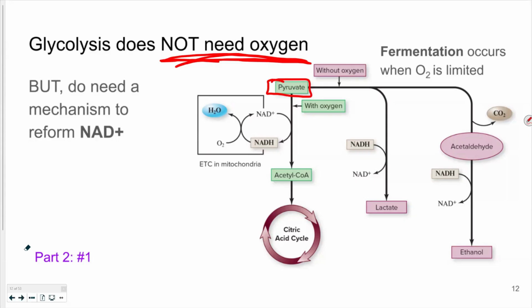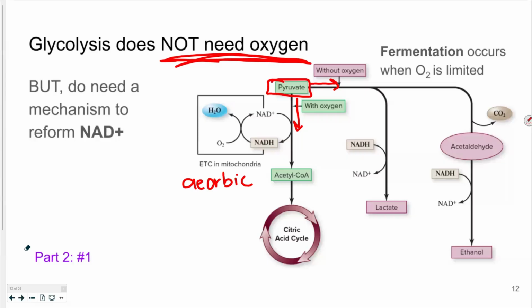At this point, we need to make a decision. So along this decision tree, the cell needs to decide: is there enough oxygen present to go on with, or is there not enough oxygen and we have to take a different biochemical pathway? So with oxygen is aerobic respiration, meaning with oxygen.